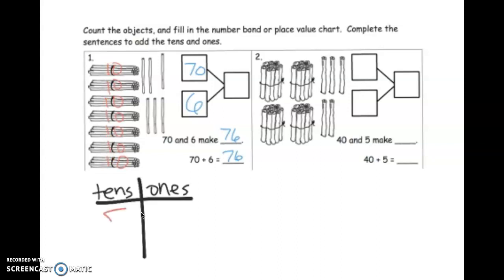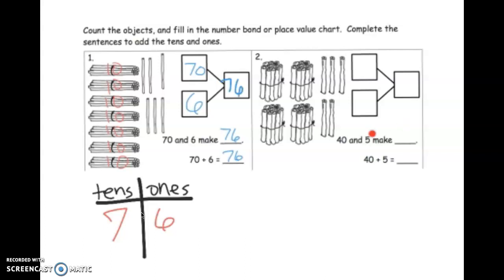We have 7 tens. And then how many ones do we have? We have 6 ones. So our number is 7 tens and 6 ones, which is 76. 7 tens plus 6 ones. All right, oops, I should put that right there too, huh? I should put 76 right there.